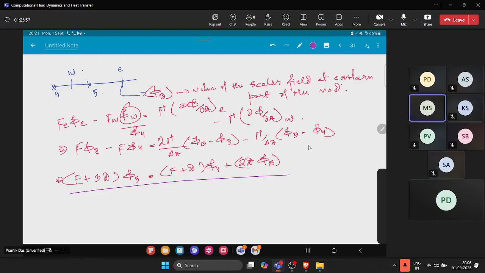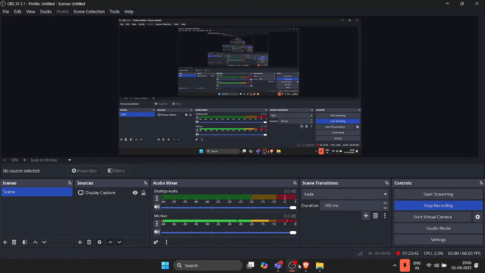Okay. So this equation can be further modified into Ax equal to B format. U is basically phi 1, phi 2, phi 3, phi 4, and phi 5. Since this one is a column matrix, let us write it as Ax equal to B, otherwise you will be confused.